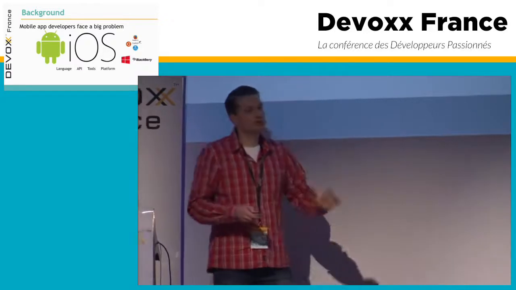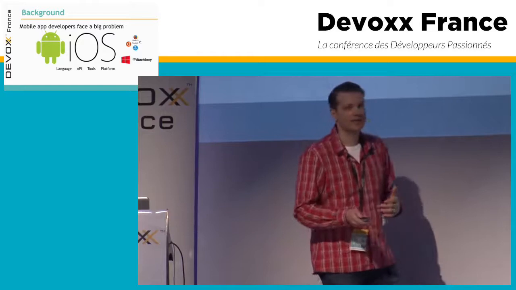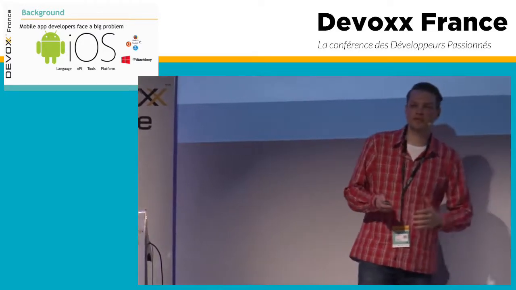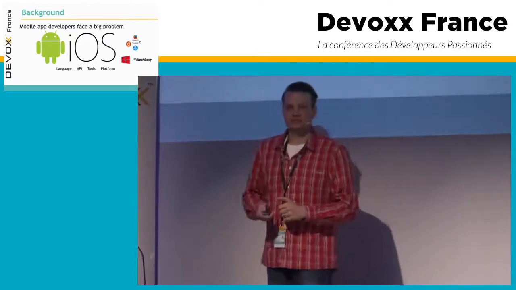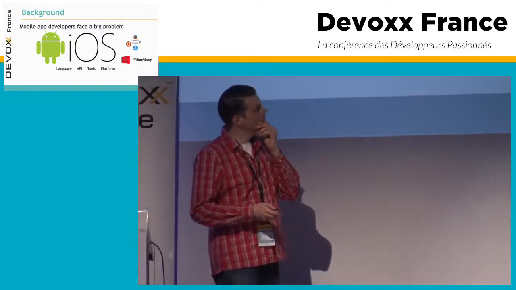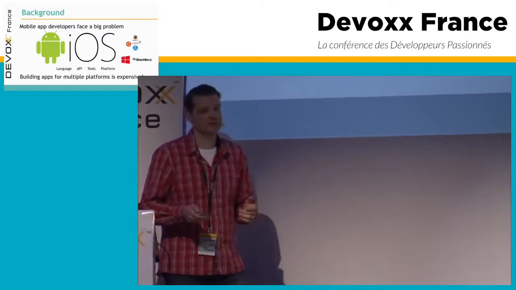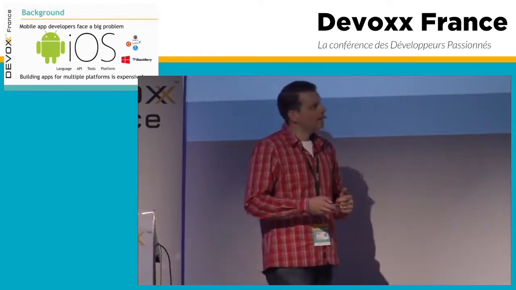So we have to basically develop two separate apps, one for Android, one for iOS. We have two separate code bases and maybe even two separate teams that work on these apps. So building apps for mobile platforms is expensive.